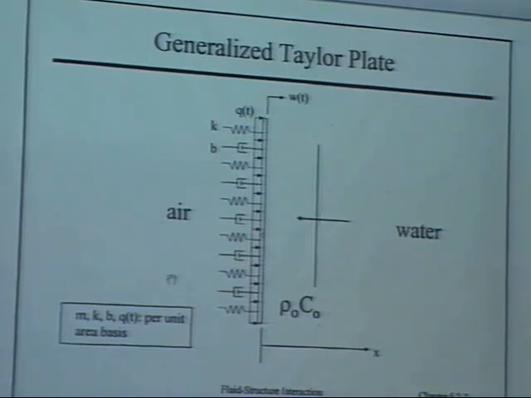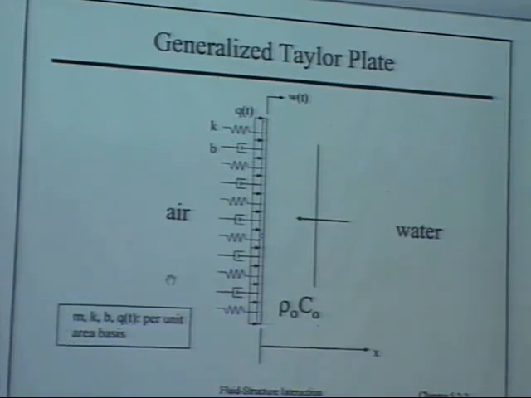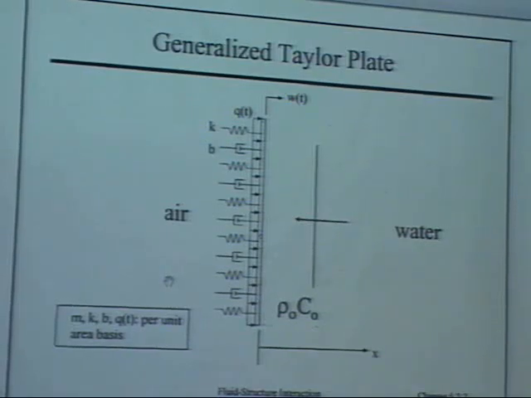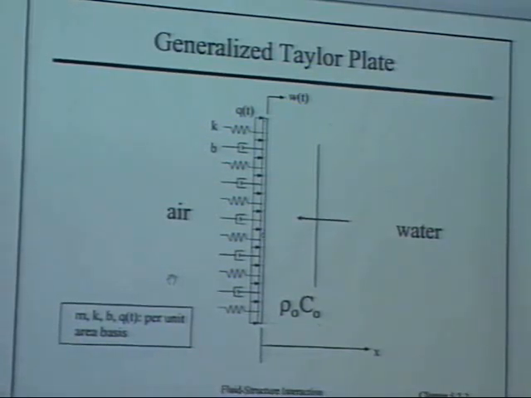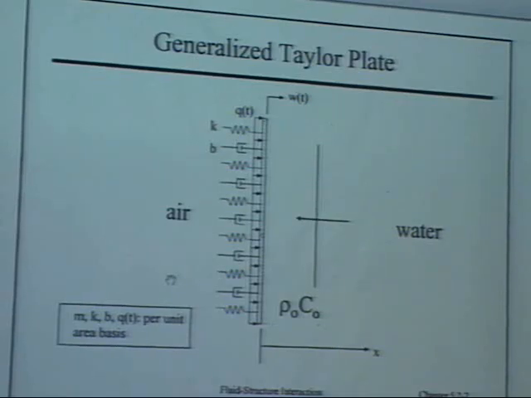So here in this case, you see one side, the left side is air, and the right hand side is water. And it has an infinite plate. An infinite plate is a very thin plate. Okay?